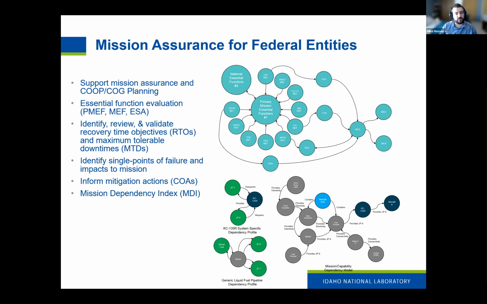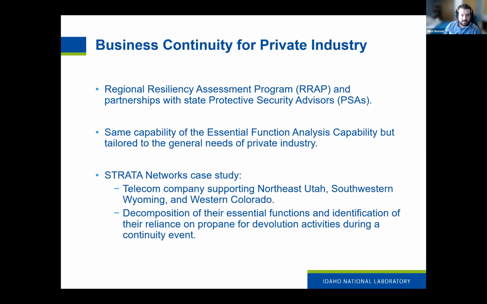And so, like I mentioned before, with the Regional Resiliency Assessment Program, we did deploy the essential function analysis capability to Strata Networks, which is a telecom company in the Utah, Wyoming, Colorado region. What this approach taught us is that we can still apply that federal continuity directive methodology, but specifically applied to businesses.